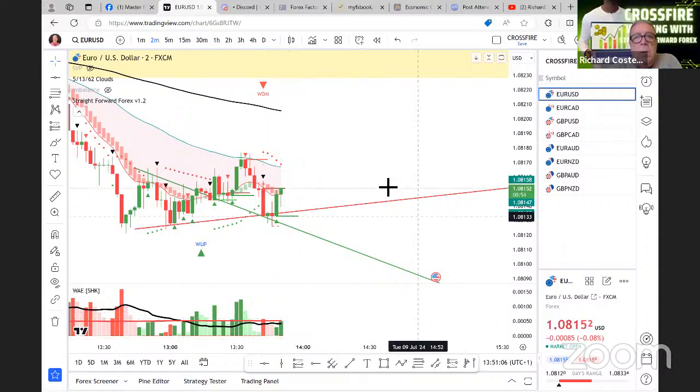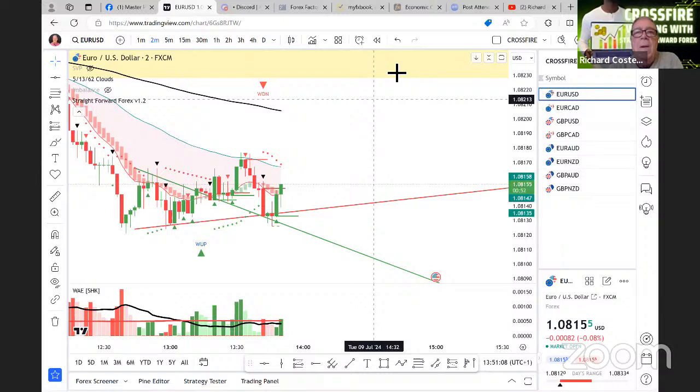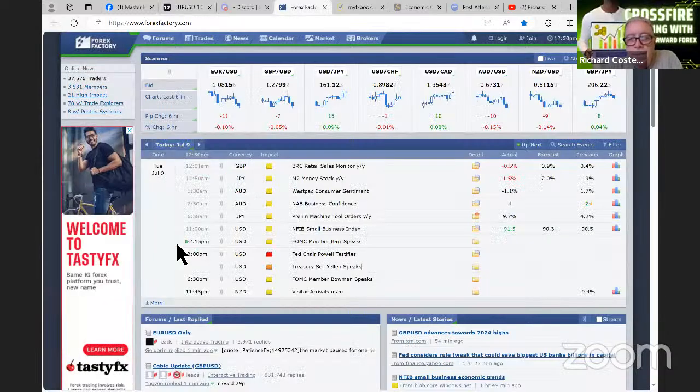So all I can do is just remind you that if you look at forexfactory.com, there was no news. There's a speech which starts at 2:15 affecting the US dollar. But there's a more important speech starting at 3 o'clock. I suspect that will be the time when we see some movement.